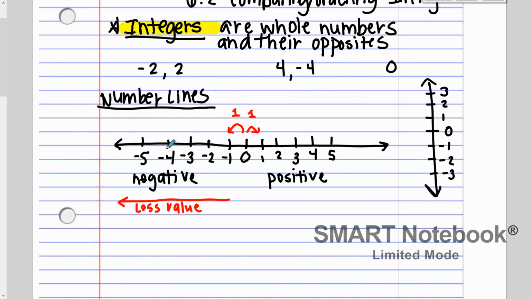So you have technically less money because you'd owe them more. Or if you're thinking sports, if you lose 5 yards, you're going back farther than if you lose 4 yards. So the more negative a number is, the less value it has. Opposite of that, the more positive a number is, the more value it has, because $5 is more than $4.